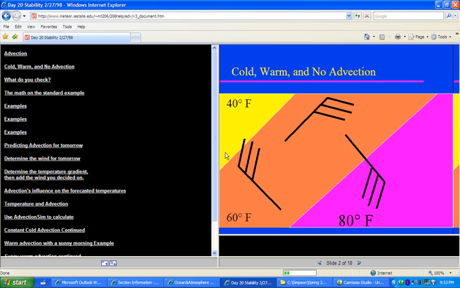If you have winds over here from the northwest, it's bringing in this 40-degree colder air, so you would have cold air advection. But what if the winds are parallel to the temperature lines, the isotherms? The temperature is not changing, and so you would have no advection. So we have examples of warm advection, cold advection, and no advection.